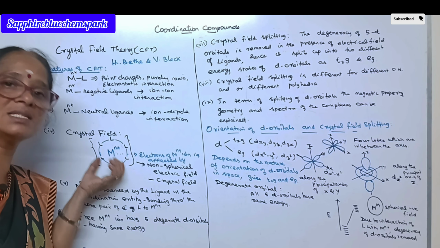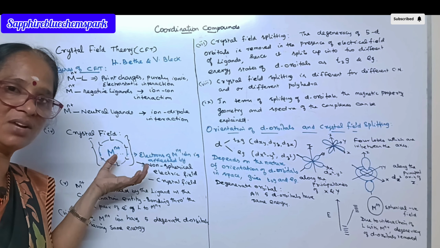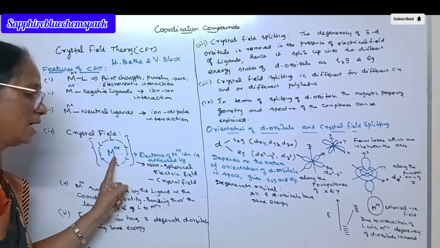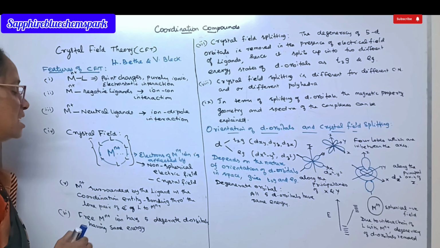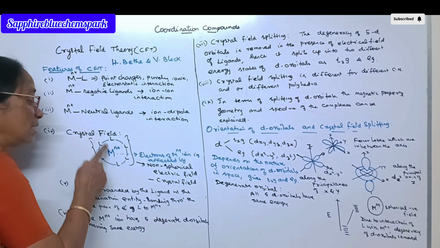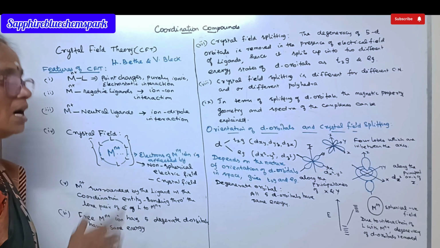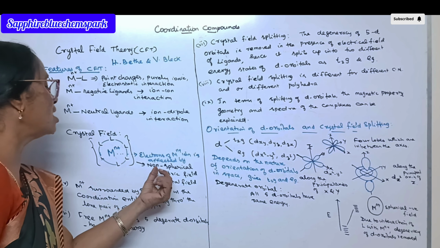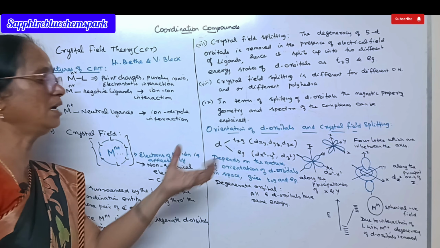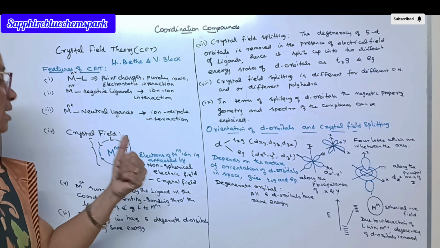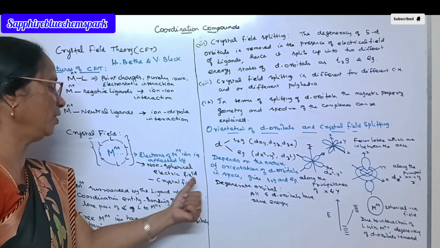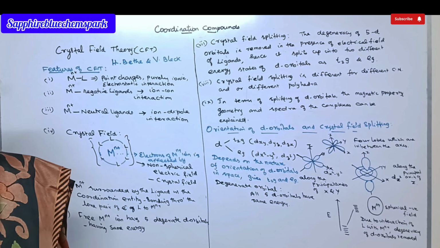So the ligands provide an electric field about the metal ion, due to the interaction of the d orbital electrons of the metal ion with those of the ligand. What happens? A non-spherical electric field is produced. That non-spherical electric field is termed as crystal field.